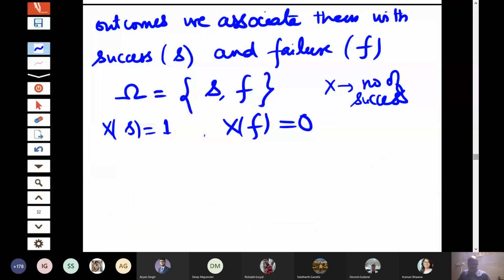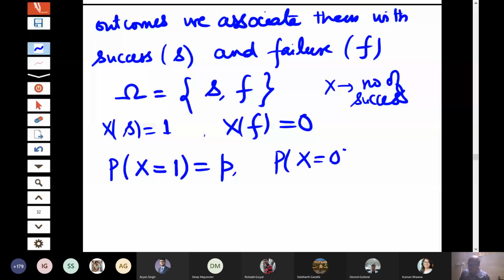You can associate them with coin tossing or this kind of exercise. But of course, now I am in a little more general form. So we can consider probability of X equal to 1 is p, and probability of X equal to 0 is 1 minus p. Sometimes we write this as q also, where p is a number between 0 and 1.